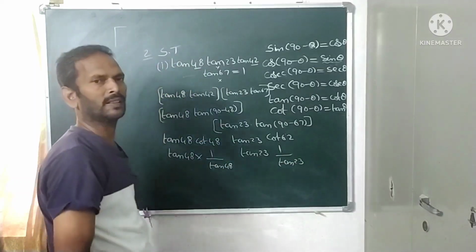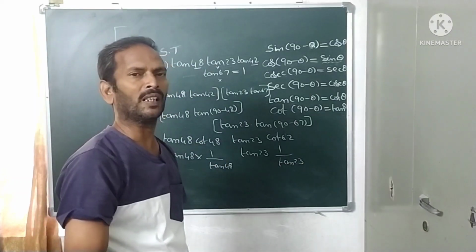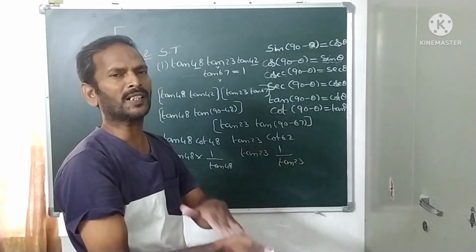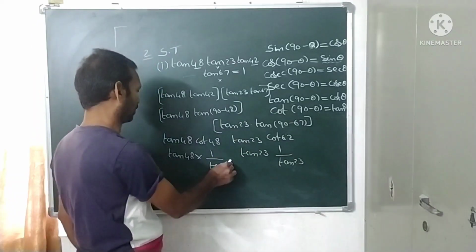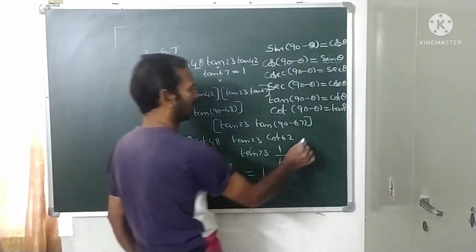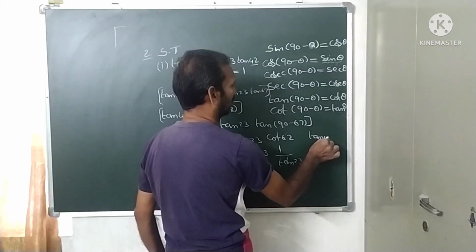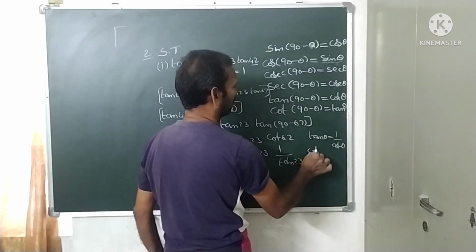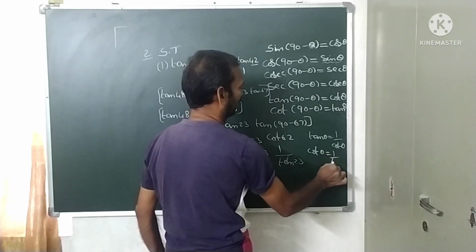These cancel, totally 1. Tan theta is 1 by cot theta, or cot theta is 1 by tan theta.